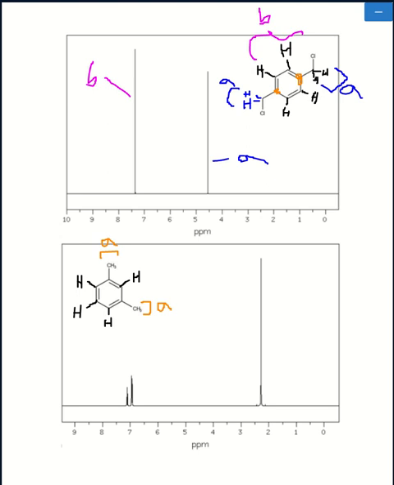So those are the 4 hydrogen on the ring itself. Well, let's start labeling those. Let's say this hydrogen right here that is between the 2 carbons that each have a methyl group coming off of it.